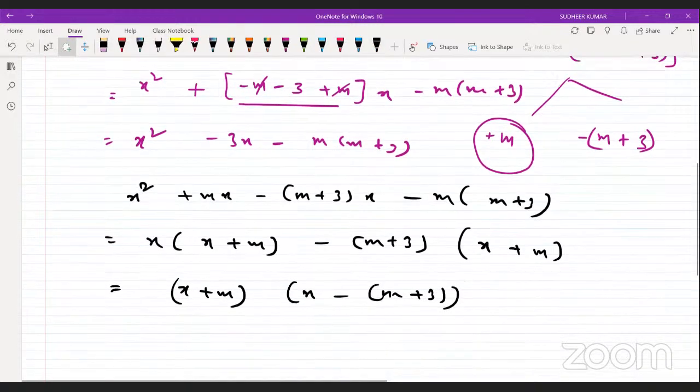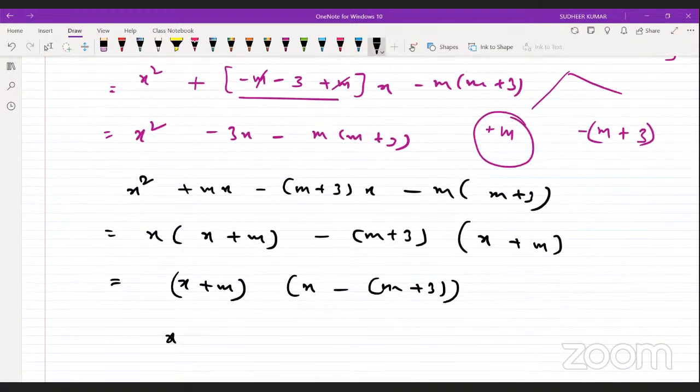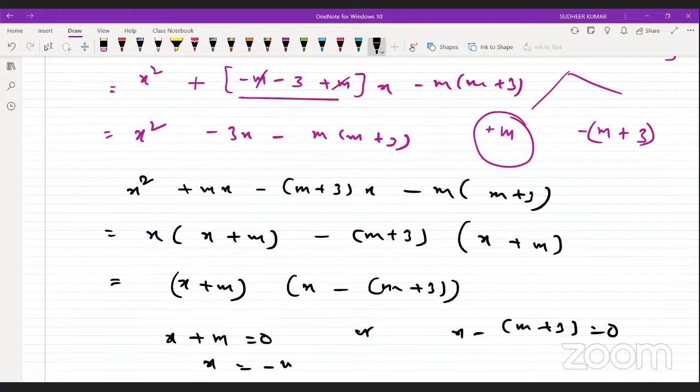So to get these zeros, let us equate these two to 0. So x plus m is 0, or x minus of m plus 3 equal to 0. So x equal to minus m, or the other one is x equal to m plus 3.